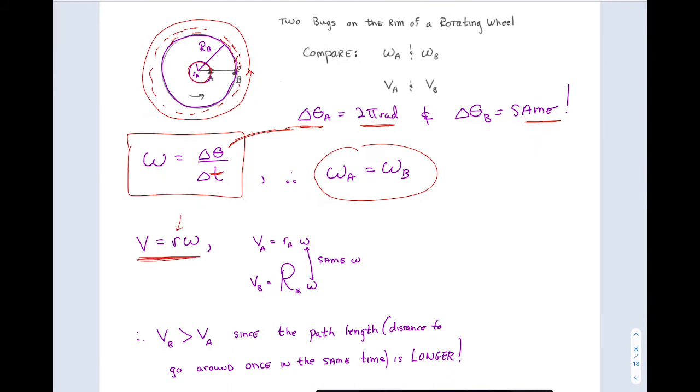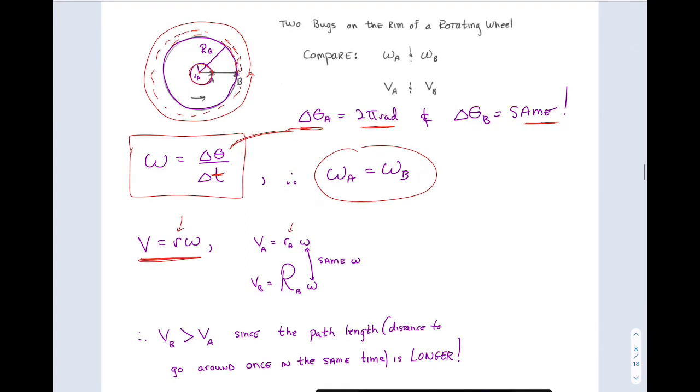The linear speed depends on how far you're out from the axis of rotation, from the center. Bug A is close in, so it has a small radius. Bug B is way out here, a far radius. Bug A only has to go that distance, and bug B is way out there.